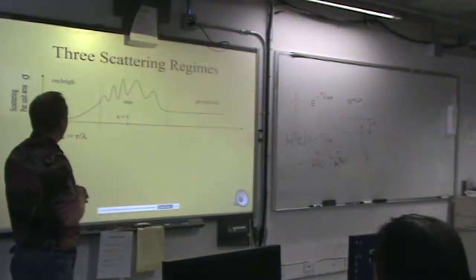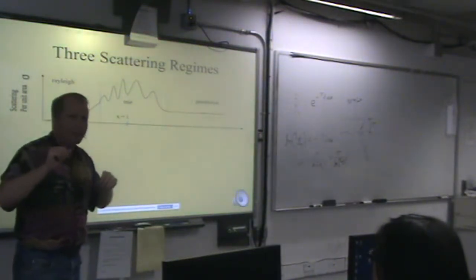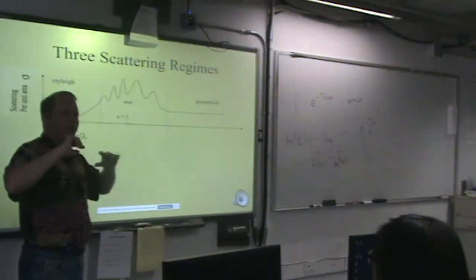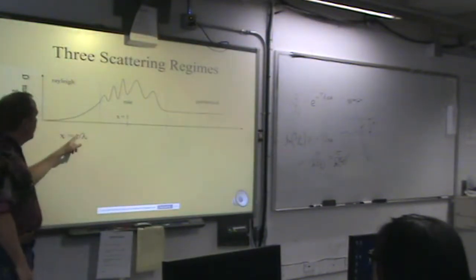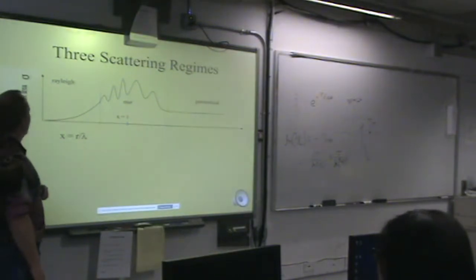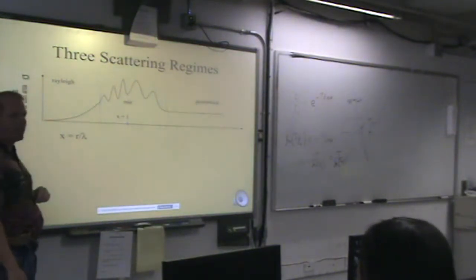But what this is a graph of is a ratio of the particle radius, and they could be the molecules in the air, they could be pollutants, they could be cloud drops, but they're particles of a certain size r, and we divide it by the wavelength. And we're making a graph of the scattering per unit area here.